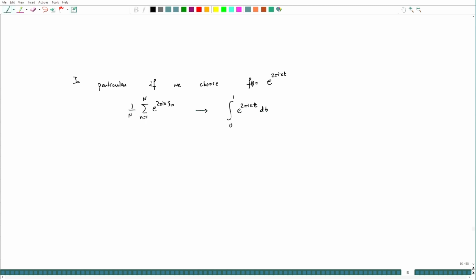Now, k is a non-zero quantity, and we have seen many times that this is equal to 0. So this is one application of the Fourier series. What we have seen is called the Weyl equidistribution theorem. That is what Weyl's criterion is known as, and it has many applications. Thank you.